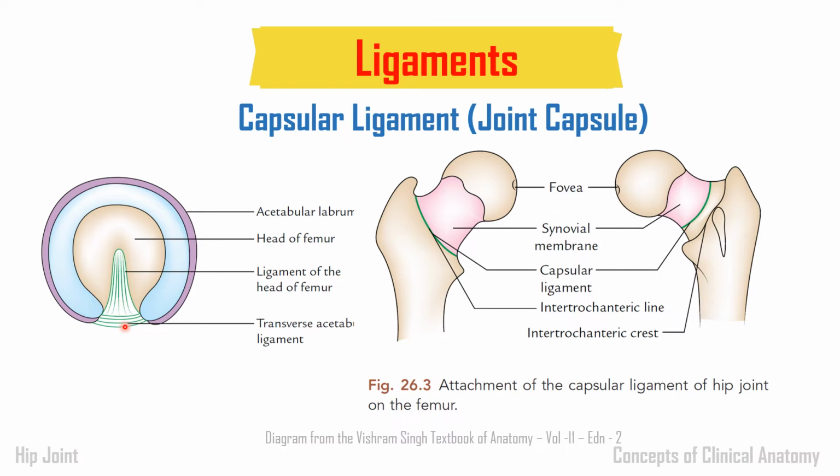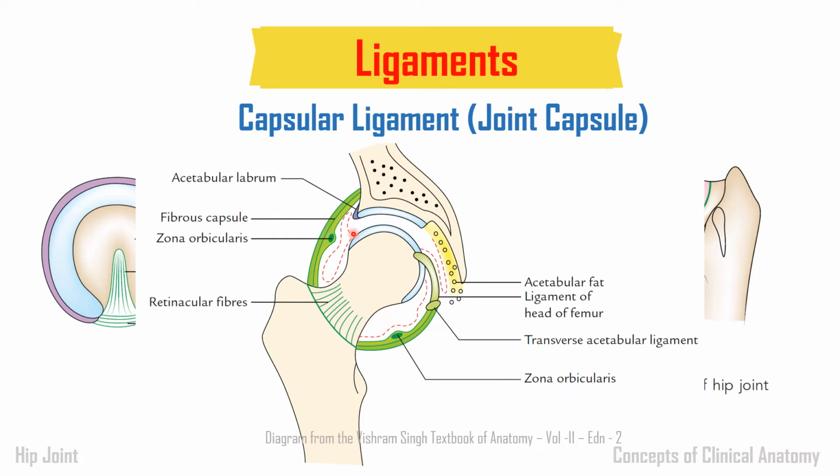The whole joint capsule is thicker in the anterosuperior surface and loose in the postero-inferior surface, because the anterosuperior surface is the region prone to stress during the movements.